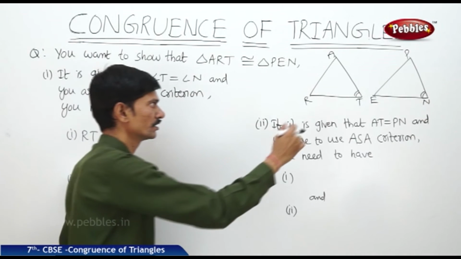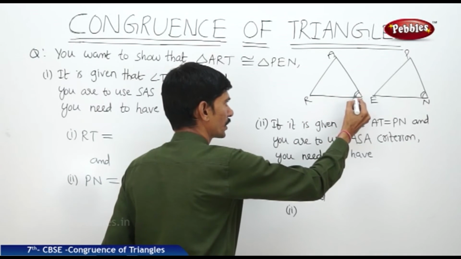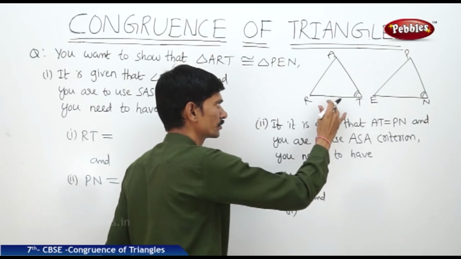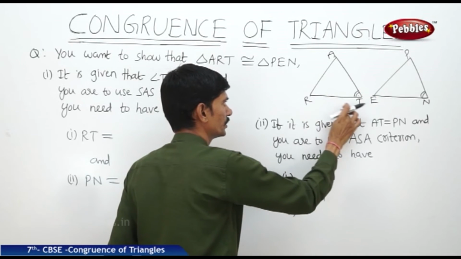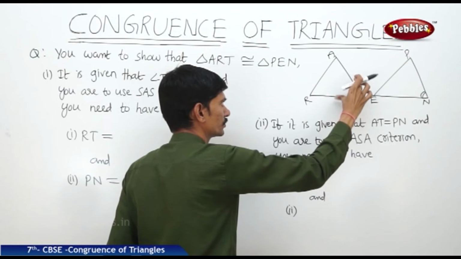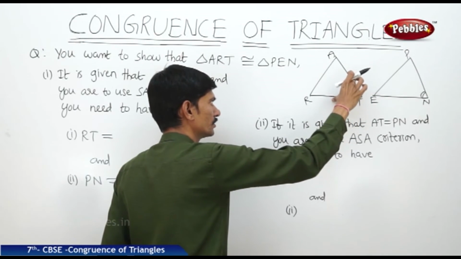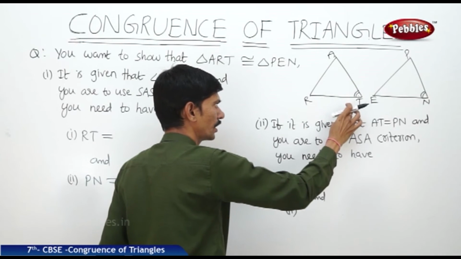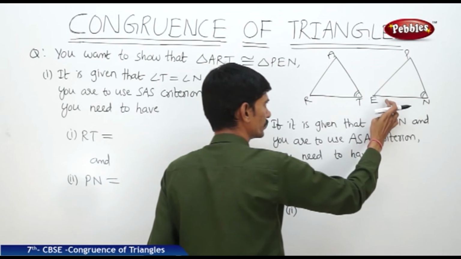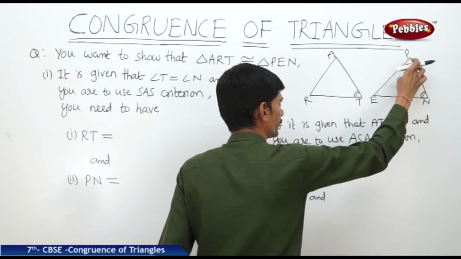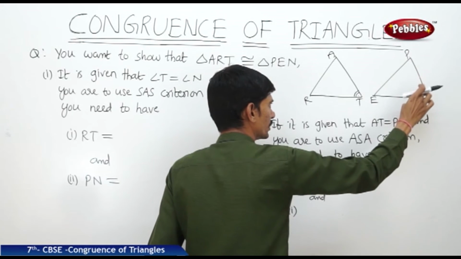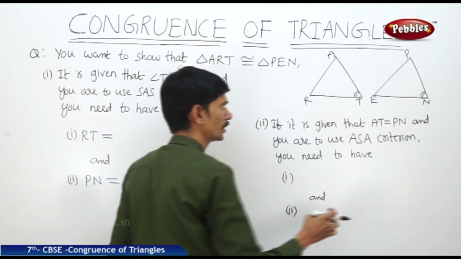If angle T is the included angle, then what are the two sides? Here RT and AT are the two sides, and angle T is the included angle. In the second triangle, if EN and PN are the two sides, then angle N is the included angle.